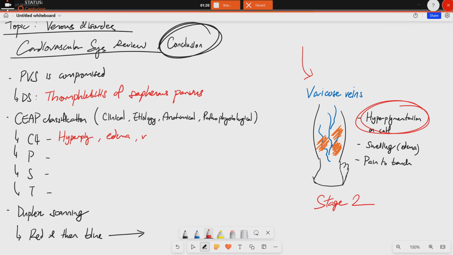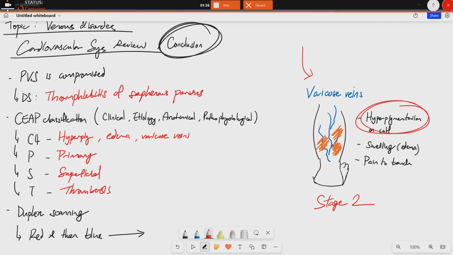There's edema and also varicose veins. As for the etiology, it is primary cause and anatomically it is superficial. Last, pathophysiological, it is thrombosis.